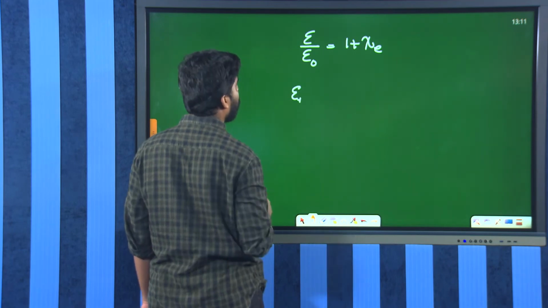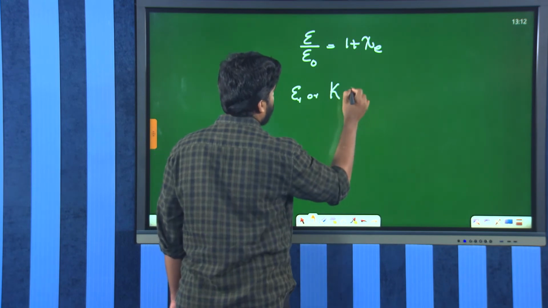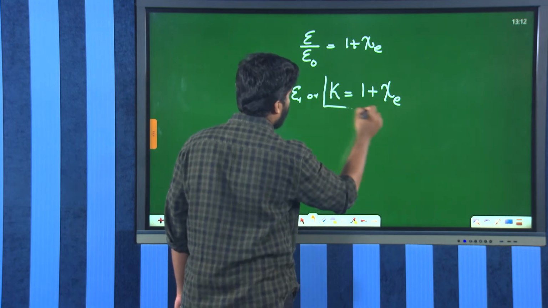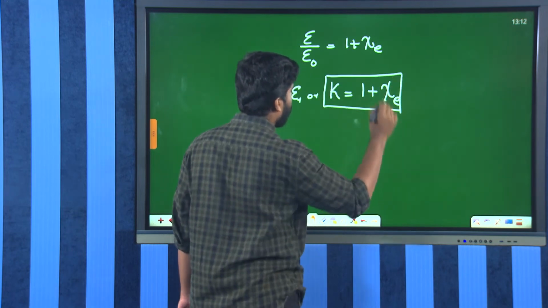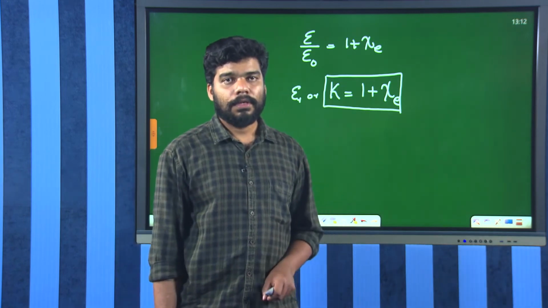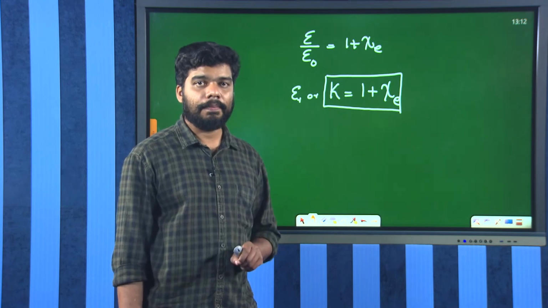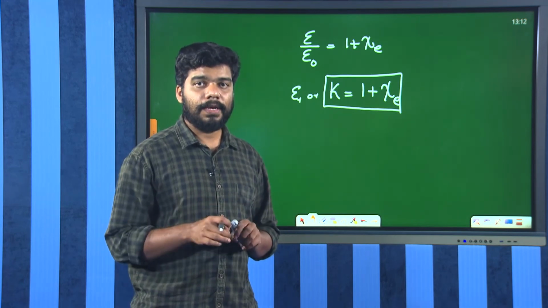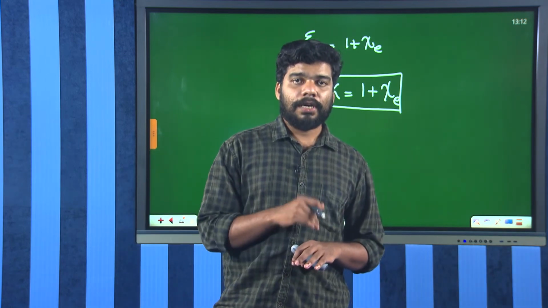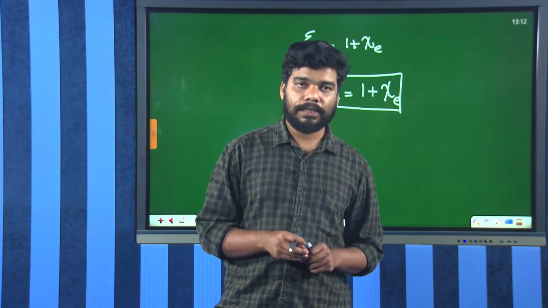It is the relative permittivity epsilon r, or K, which has the relation K equals 1 plus chi E. So, this is the relation between the dielectric constant and the electric susceptibility. The effect of introducing a dielectric medium in free space can be explained with the help of this equation for K.